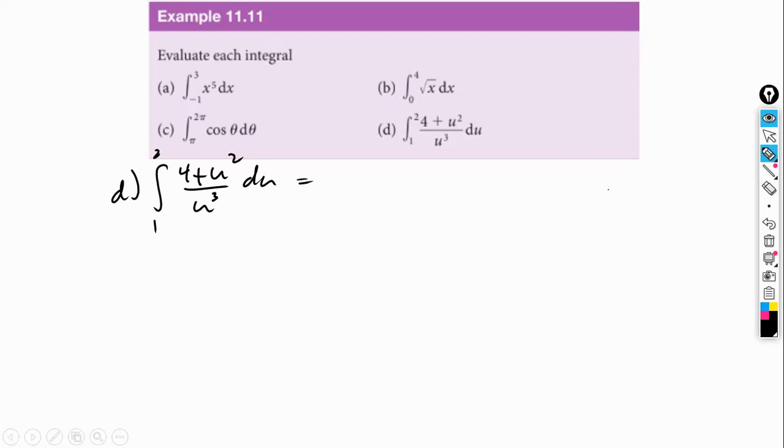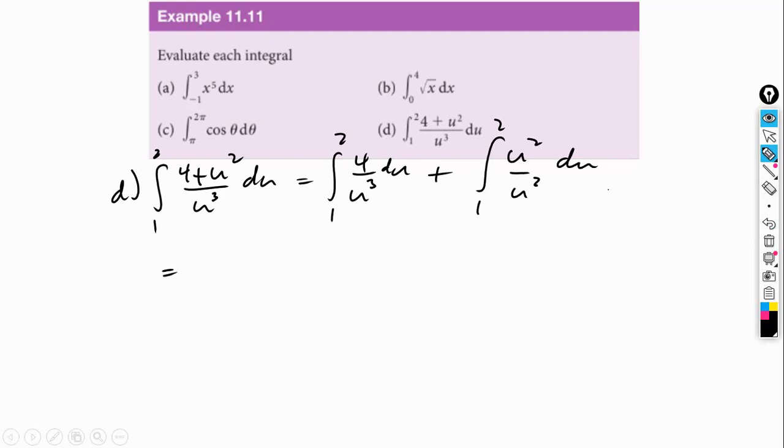So this would be equal to the integration from 1 to 2 of 4 over u cubed du, and don't forget du, I always forget that, plus the integration from 1 to 2 of u squared over u cubed du.